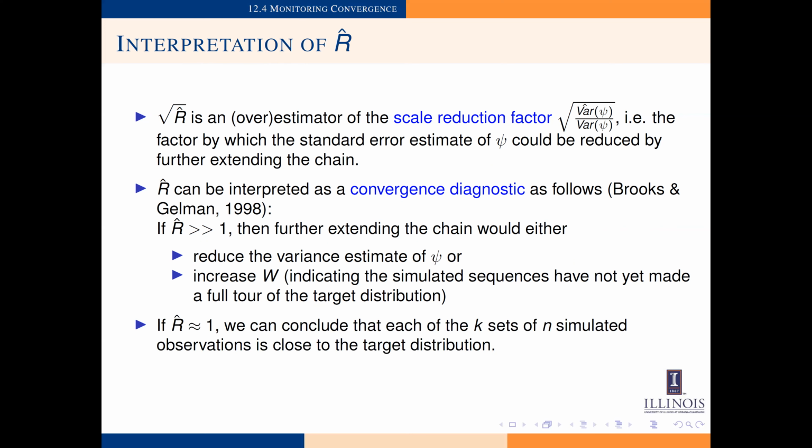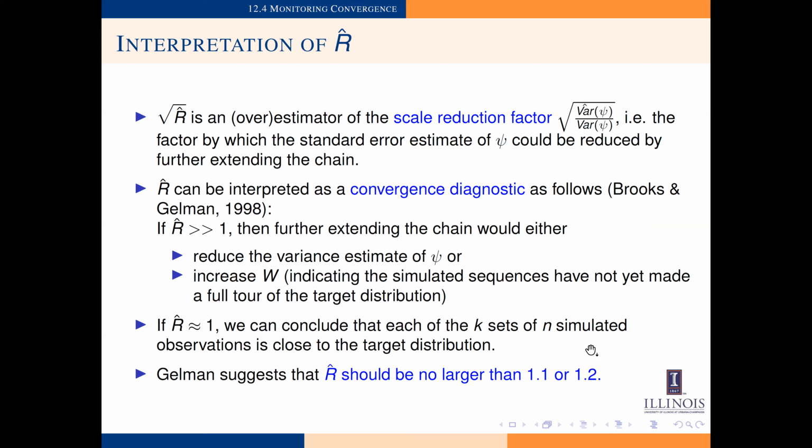On the other hand, if R hat is close to 1, we can conclude that each of the k sets of n simulated observations is close to the target distribution. So, what is a sufficient R hat for us to conclude that it appears the chains have converged? Gelman suggests that R hat should be no larger than 1.1 or 1.2.